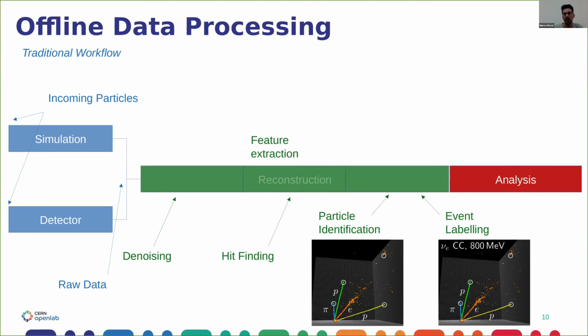And the final parts of this reconstruction step is given by particle identification and event labeling. These reconstruction products are then gathered together to form a theoretical model inside an analysis step. This is made to have a final insight of the physics of the neutrinos.